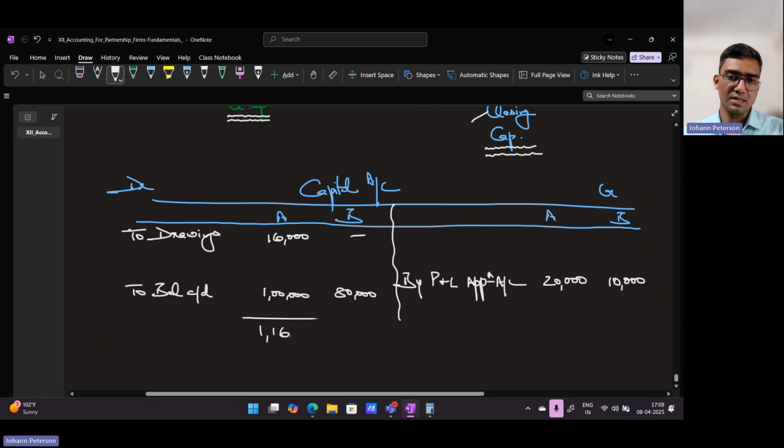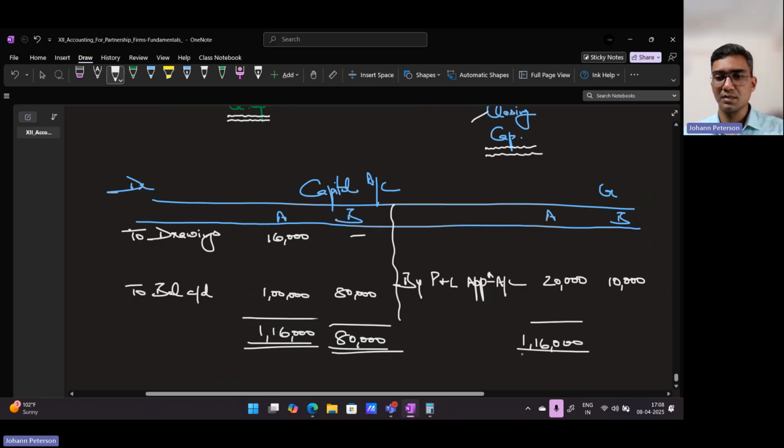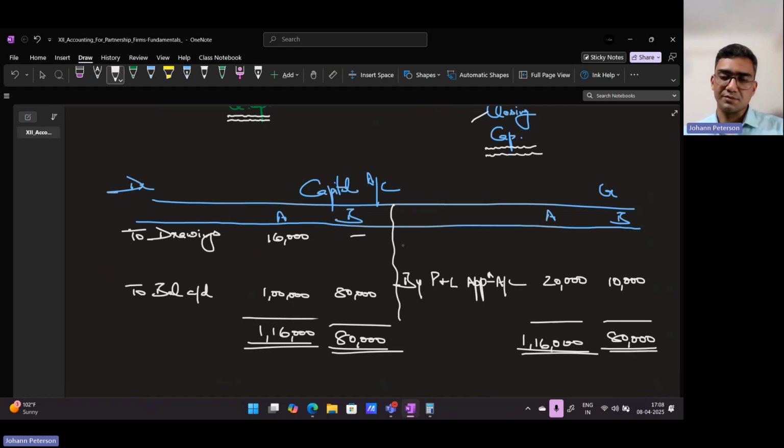So 1,16,000. This side is 80,000. These amounts come on the other side. So 1,16,000 and 80,000. What is the difference? The difference will be known as balance brought down, which is our opening balances.